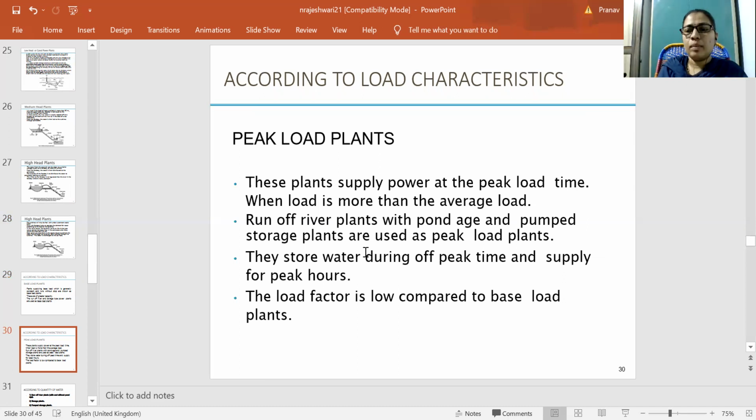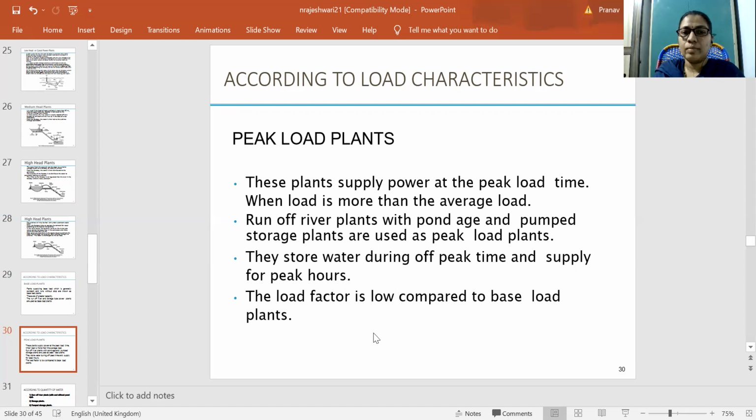The next thing is peak load plants. These peak load plants supply power at the peak load time. When the load is more than the average load, the run-off river plants with pondage and pumped storage plants are used as peak load plants, and they store water during off peak time and supply it for peak hours.